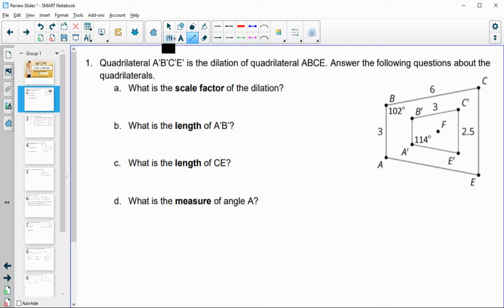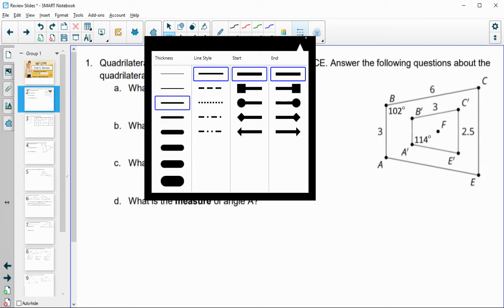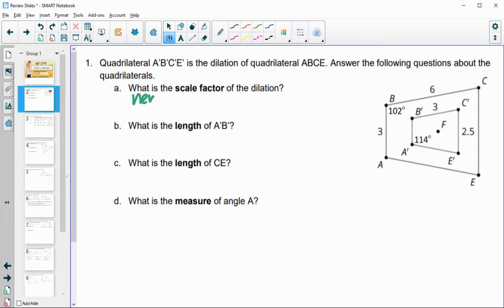And when we're determining the scale factor, we want to remember that we take a new measurement divided by an original measurement. And we want to make sure that we're comparing corresponding parts. So we can take a look here.